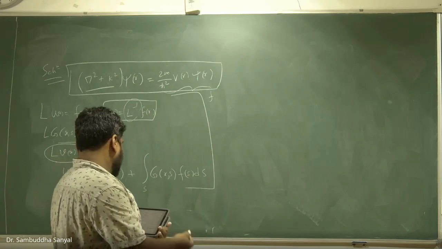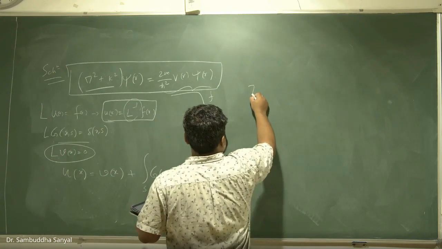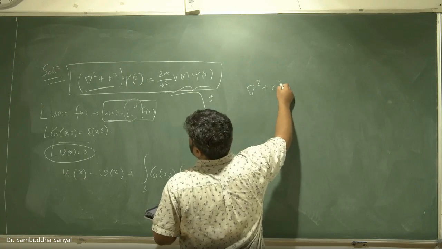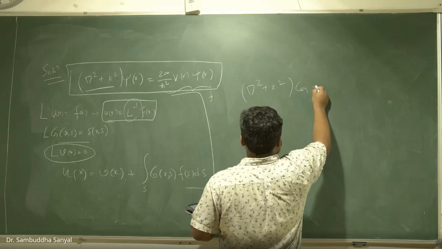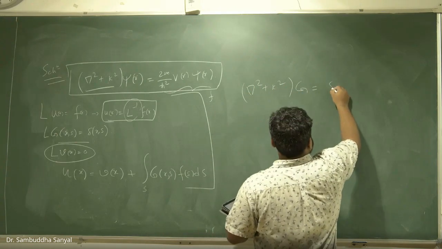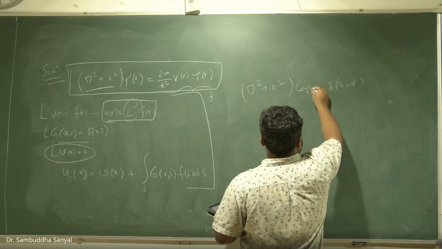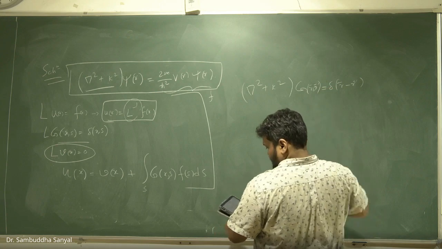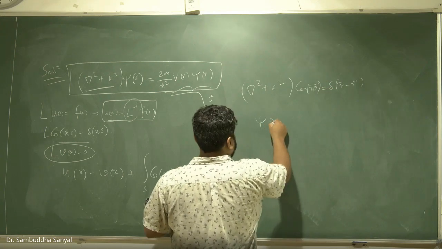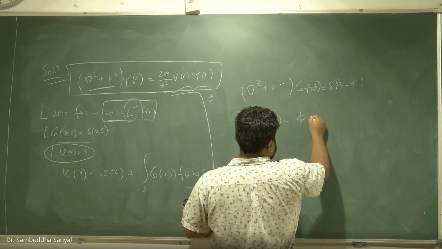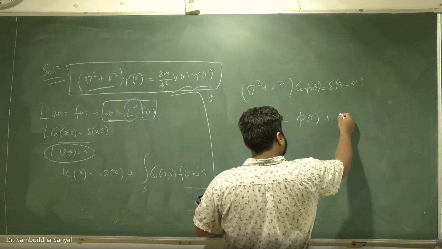Okay, and the simple strategy is to work out the G and write down that phi r is the homogeneous part.